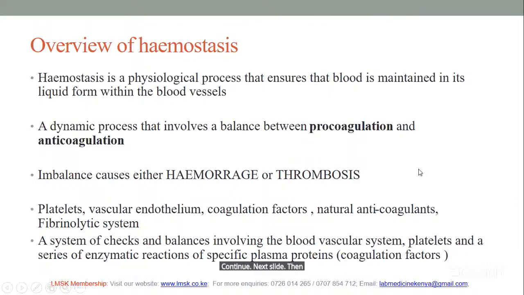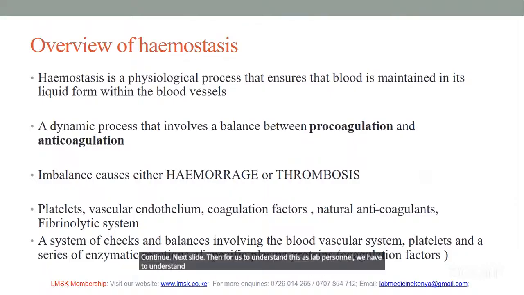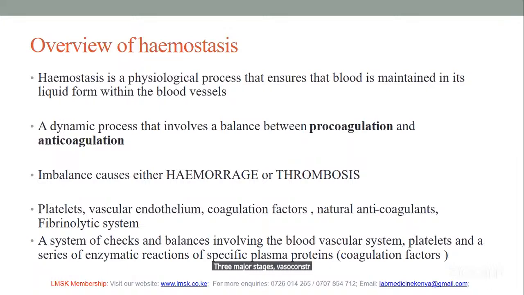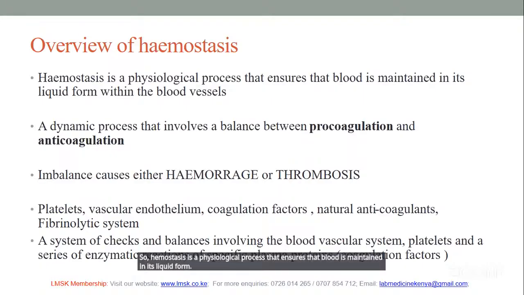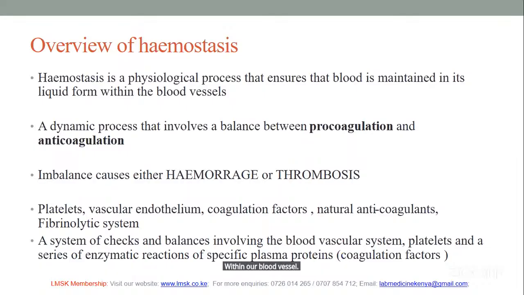For us to understand this as lab personnel, we have to understand briefly hemostasis, which most of us are aware of. We know it involves three major stages: vasoconstriction, platelet plug, then the coagulation cascade, and finally the fibrinolytic effect. Hemostasis is a physiological process that ensures that blood is maintained in its liquid form within our blood vessels. It is a dynamic process that involves a balance between procoagulation and anticoagulation.